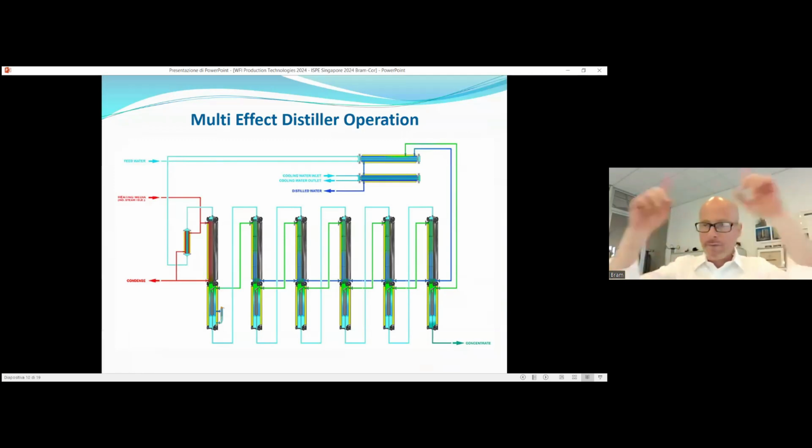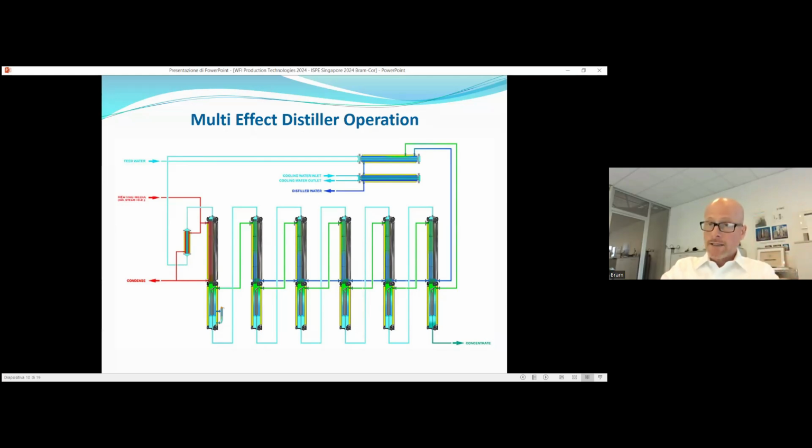Again, we are talking about the 80% of the cases. There is the possibility to customize the machine in several ways, but we have the heating media, typically industrial steam, as we said, from 5 to 8 bar to have a quite efficient machine, that heats the feed water, the purified water, in the first column, creating dry pure steam that is used in the second column to heat up the PW present in the second column.